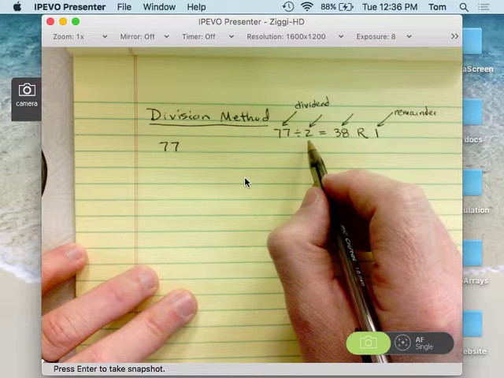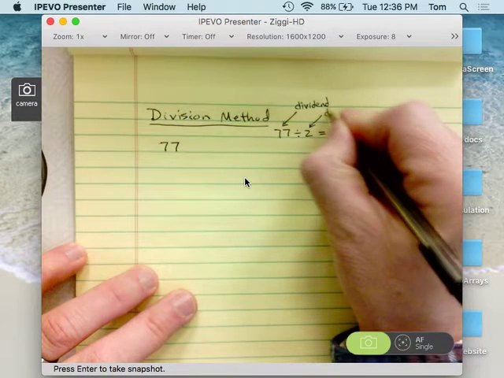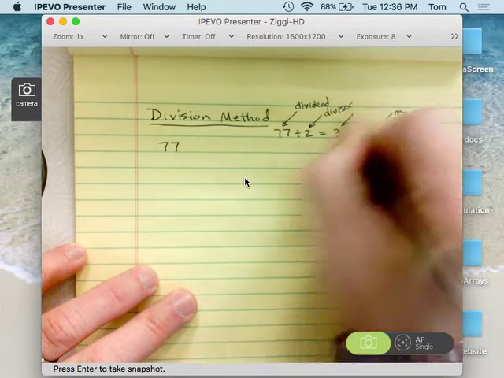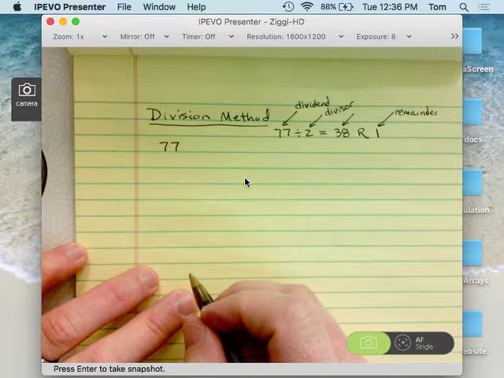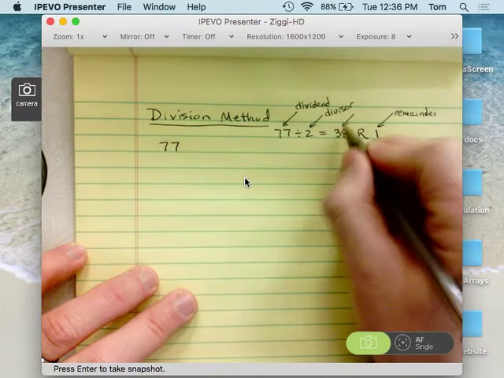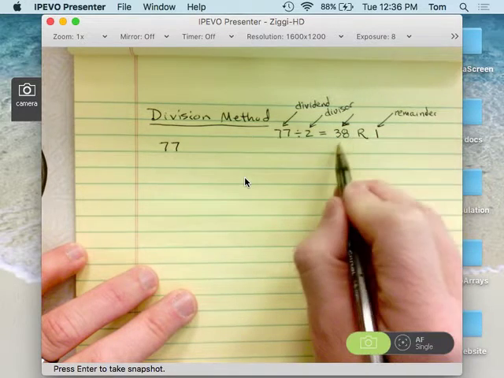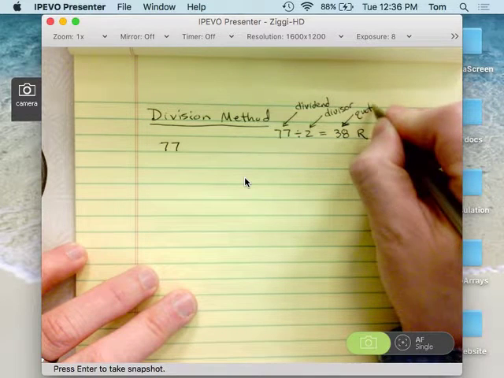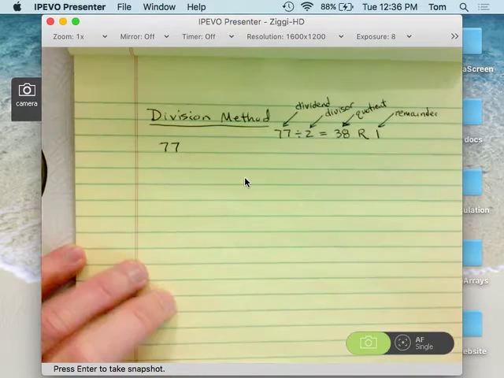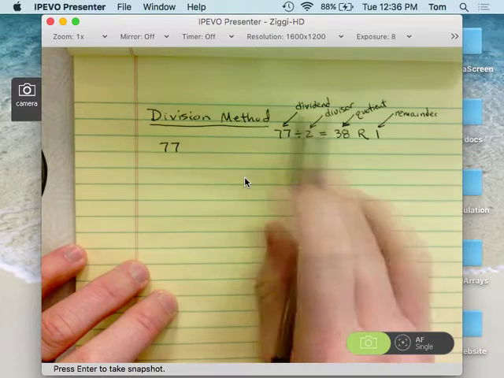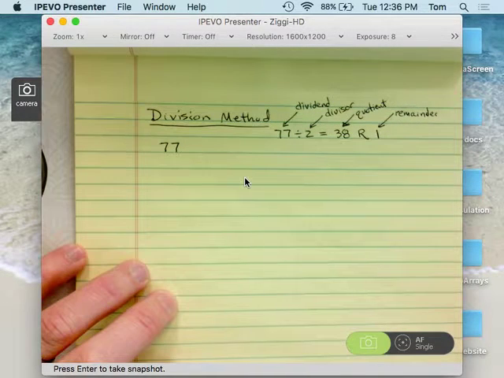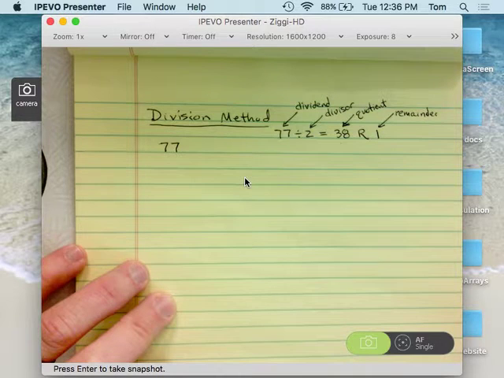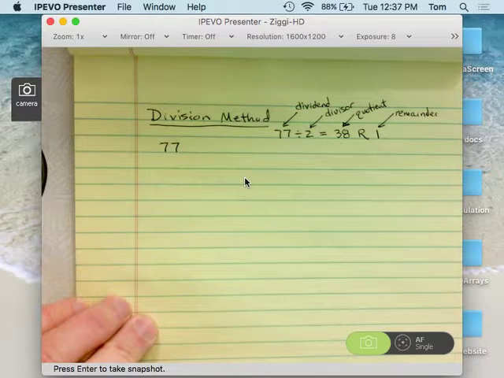Divisor? And what is this? The quotient. Very good. So you'll have to use those terms when you write your algorithm. But let's go through the process here, okay?